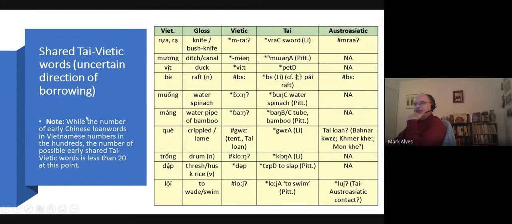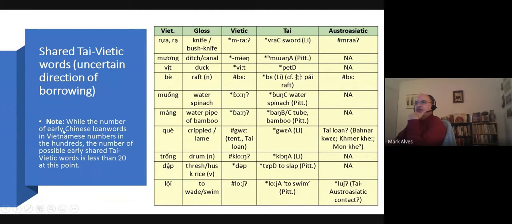But this is important. Hold on. Okay. While the number of early Chinese loanwords in Vietnamese numbers in the hundreds, the number of possible early shared Dai Vietic words is less than 20 at this point. I mean, this is not a lot.